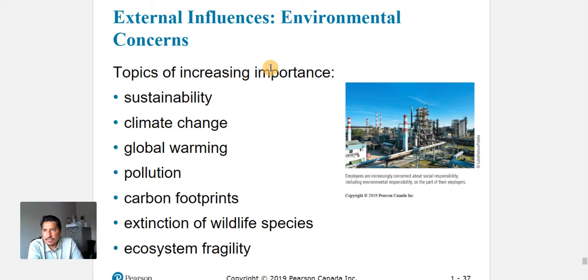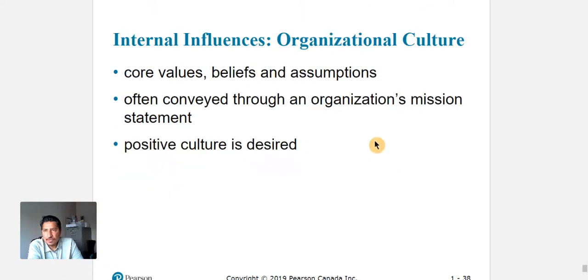External influence, environmental concern, right? We have sustainability, climate change, global warming. We are constantly hearing those terms. Organizational culture, core values, and beliefs are the internal influences reshaping human resource policies.